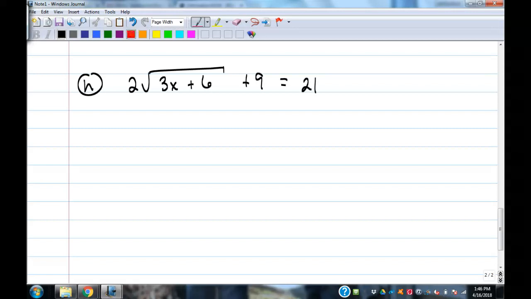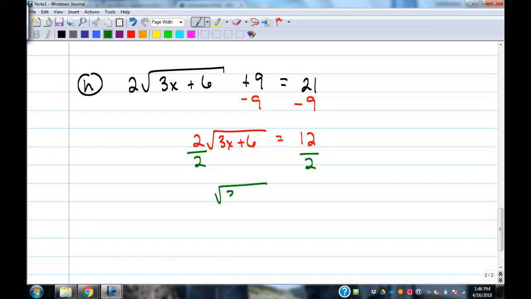Okay, we're going to move the 9. 2 radical 3x plus 6. 21 minus 9. 12, good job. Divide by 2, that's a good idea. Now we've got radical 3x plus 6 is equal to 6.